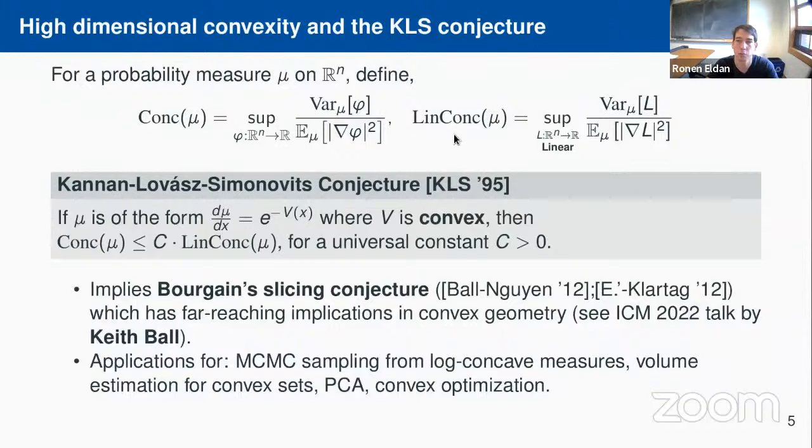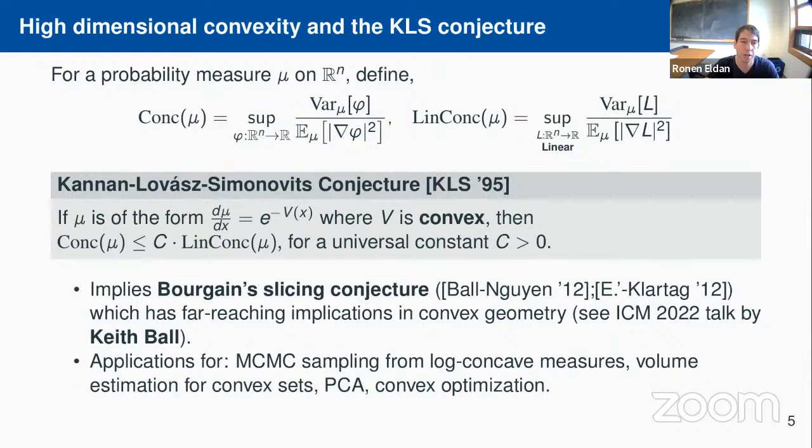Linear functions we can think of as one-dimensional objects because they only depend on one direction. So the concentration will be dictated by the concentration of the one-dimensional marginals of the measure.